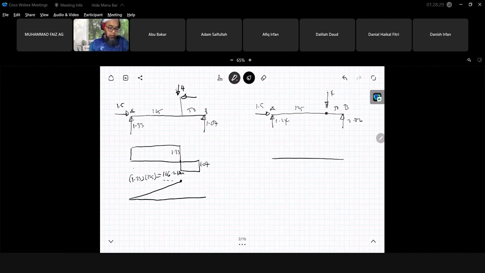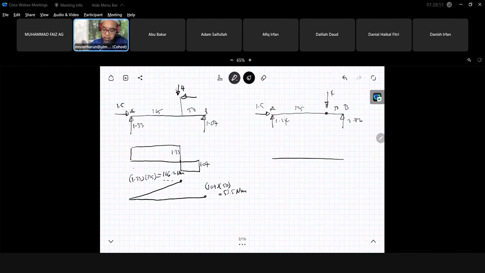And the next value from here, 1.07 times 50, then you will get 53.5 Newton meter.